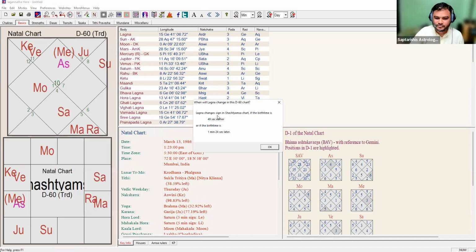You can see here, the Lagna changes sign in the Shashtiamsha chart 49 seconds earlier or 1 minute 24 seconds later. It means if your birth time is not accurate, you can make mistakes. Or else, you can rectify time by using D60 if you know this method.